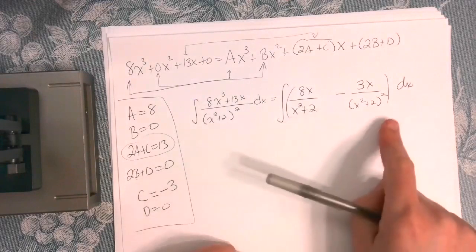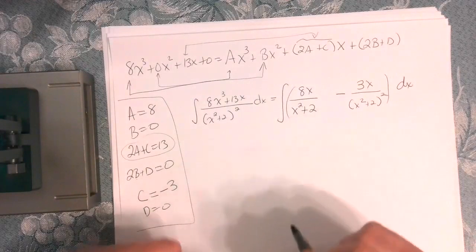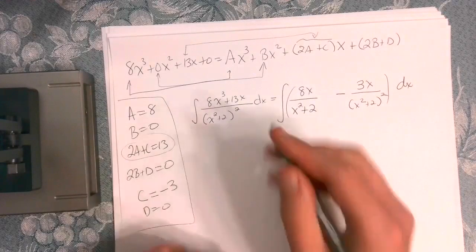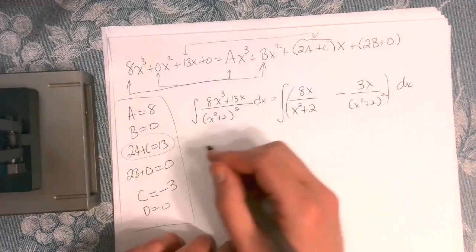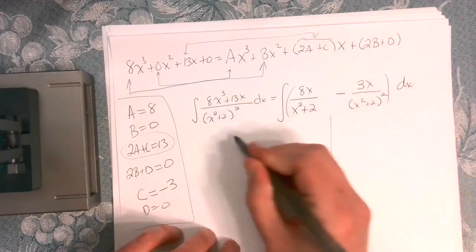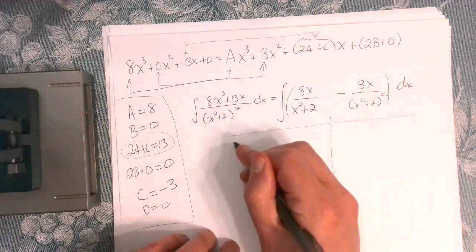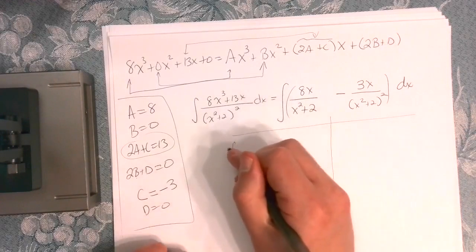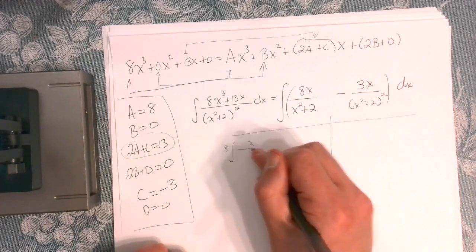So I think I'm going to split them up and then use a u sub. So yeah, maybe I'll split them into little bite-size integrals here. If you want to factor the 8 out, you can. Feel free. Nothing wrong with that.